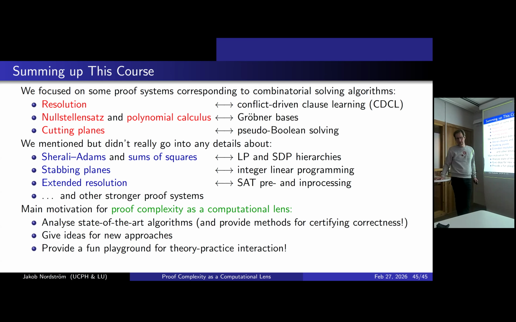The focus of the topics that we selected was, again, proof complexity as a computational lens, where the lower bounds that we prove for resolution, for polynomial calculus, for cutting planes, actually have a real impact in that they tell us things about algorithms that are being used on an everyday basis.